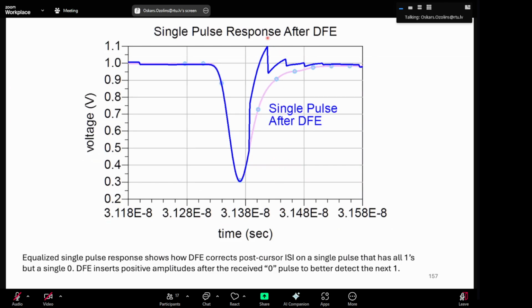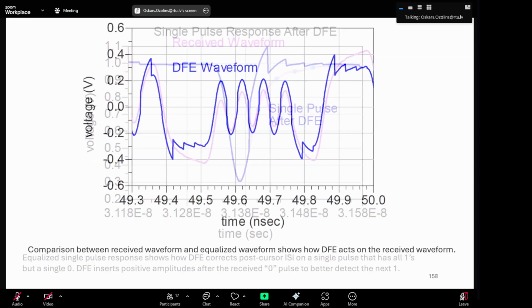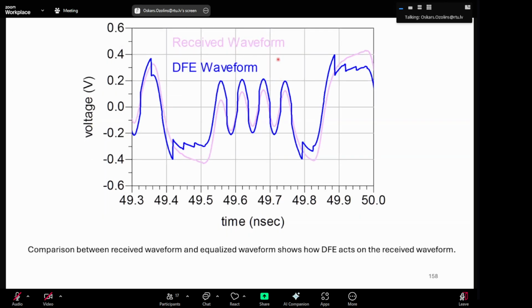So these are the transitions you see in the eye diagram, and this is how it looks if you have several pulses, like different bits coming one after another. You can see these excursions here. But this is how it looks when you apply DFE with a different number of taps.